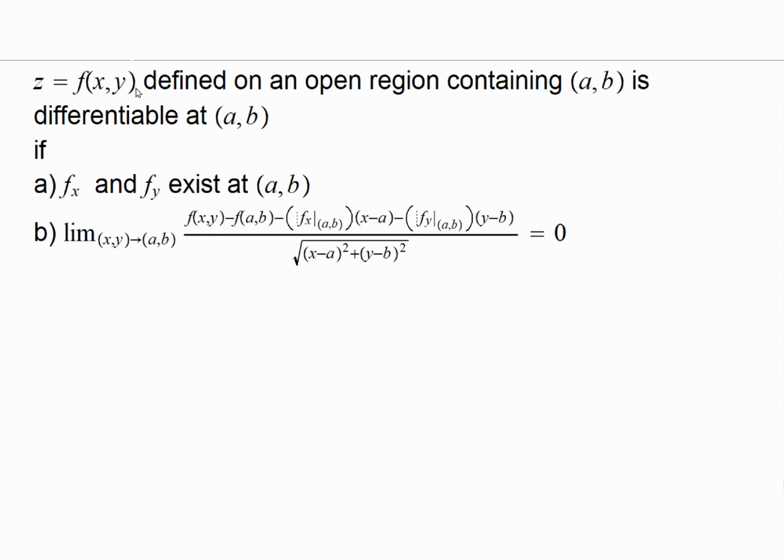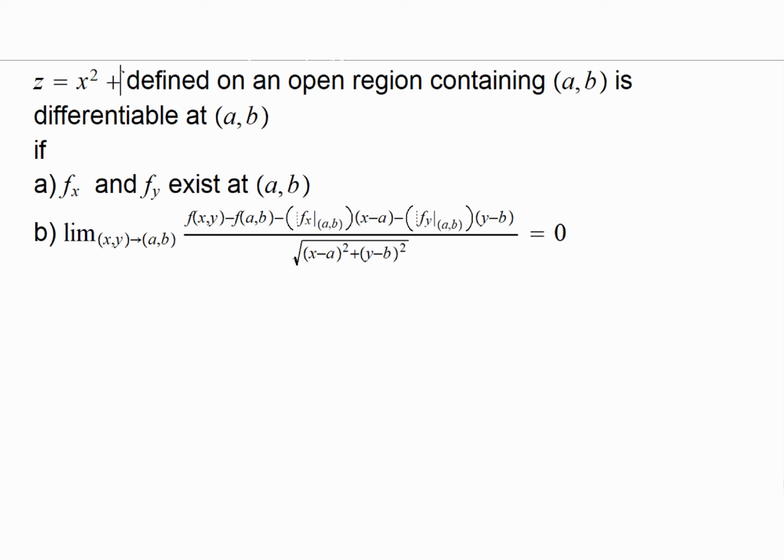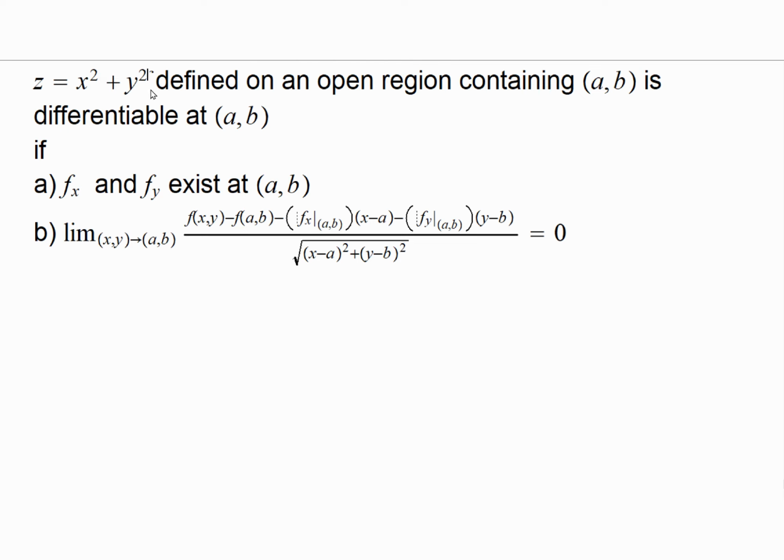Let me take an example of a polynomial, which will be a paraboloid. Let's take x squared plus y squared as our f(x, y), and the point where we would like to verify is, say, (1, 1).